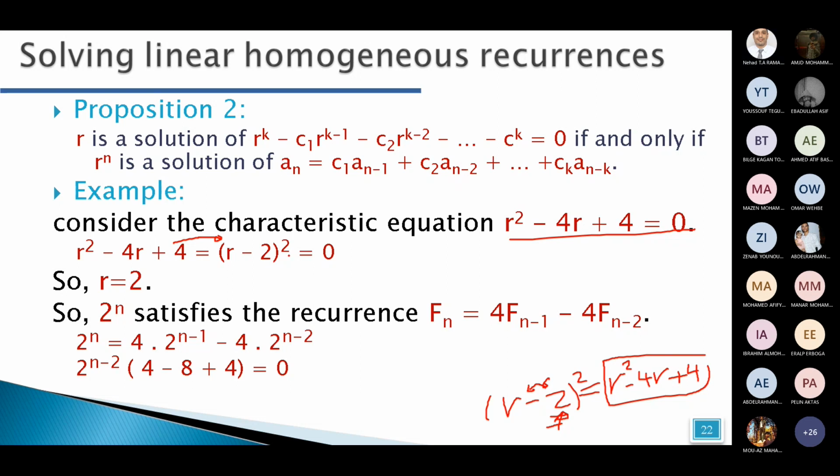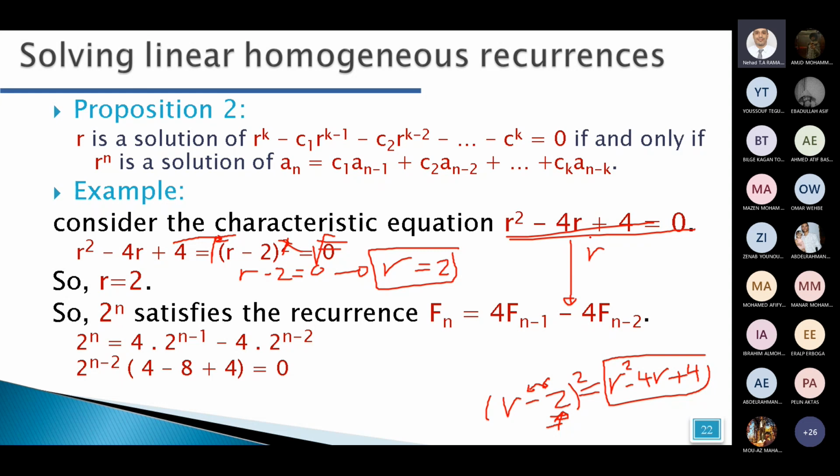This means take the root of both sides, so we don't have the power here. So r minus 2 equals 0, because the root of 0 is 0. The root of this one removes the power. And from this one, we find that r equals 2. We said if this characteristic equation is for this recurrence relation, then the solution r for this characteristic equation gives r power n for this recurrence relation.